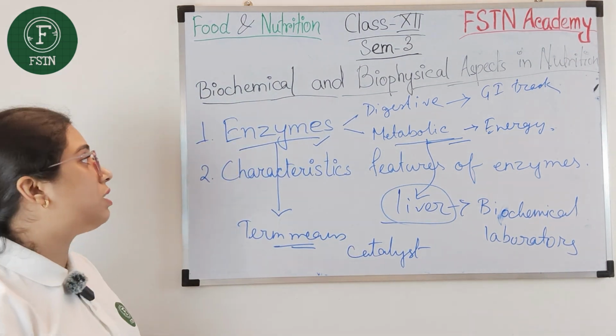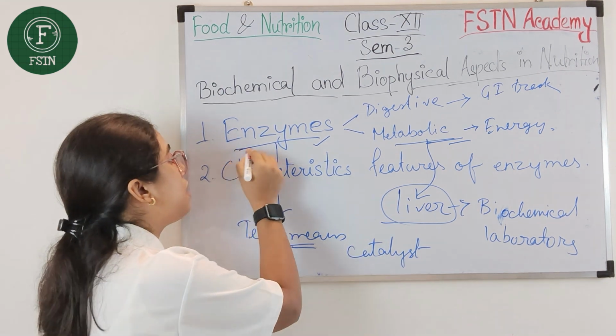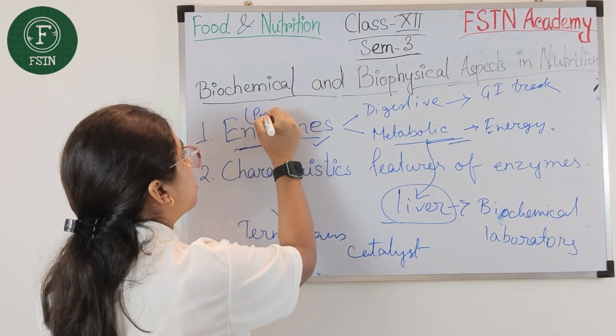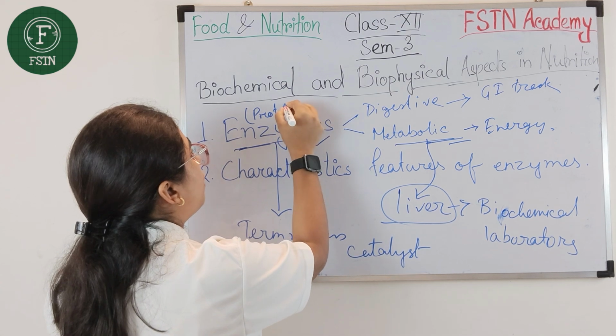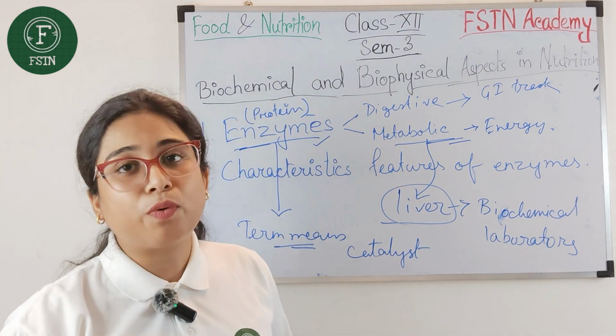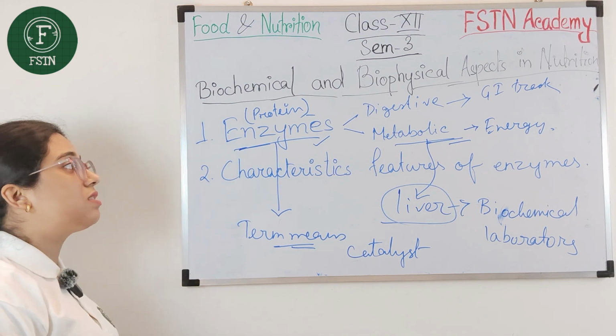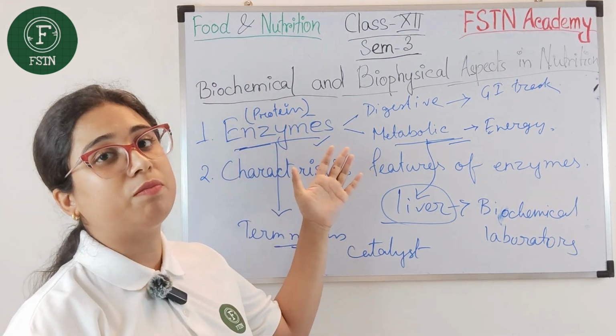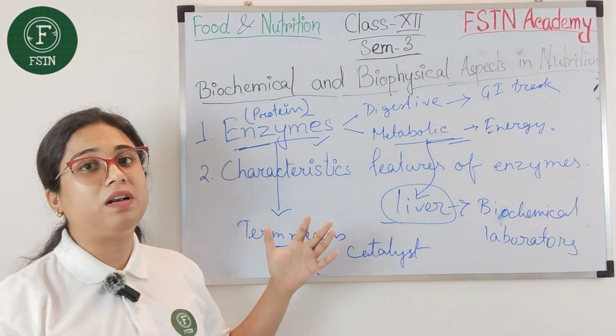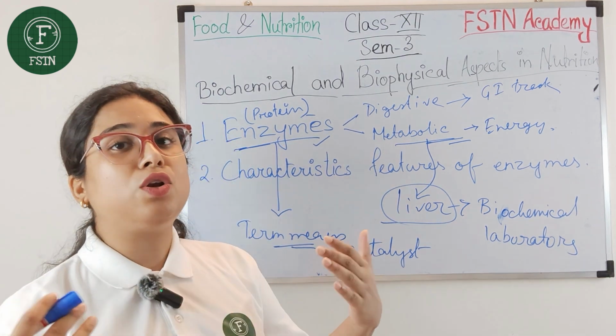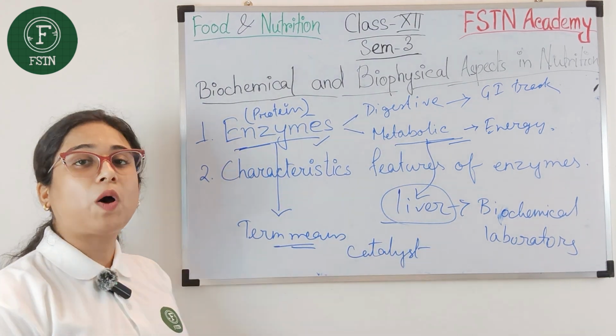And what is the nature of the enzymes? Enzymes actually consist of protein. So if there is a deficiency of protein in our body, the enzymes will not be formed in our body properly, and automatically they will not act in our body properly.